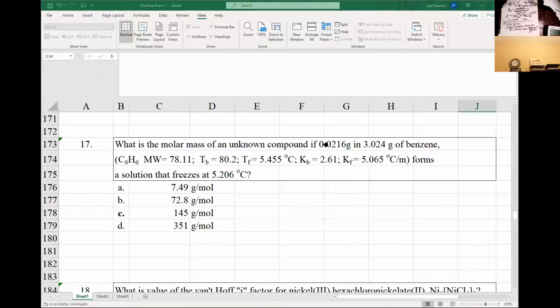Okay, we know we put 3.024 grams of benzene. So if I want to know the number of kilograms, the number of kilograms is that divided by 1,000. So the number of moles is going to be this number, 3.024 divided by 1,000, and then it's times 0.04916.